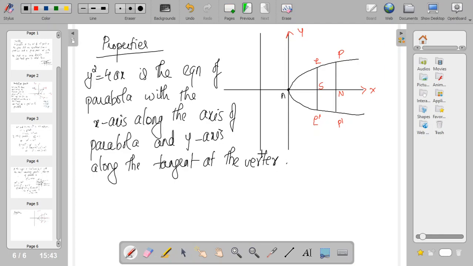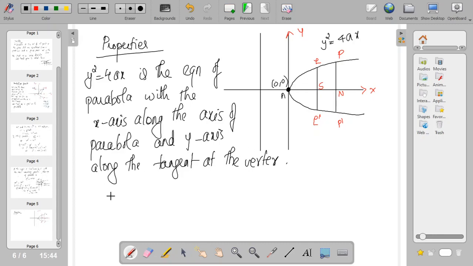So when you take the parabola y square equal to 4ax, this is the figure for the parabola y square equal to 4ax. So you can take it as the point origin. So it is centered about the origin, the vertex in the origin, and x-axis will be the axis of this parabola and y-axis will be a tangent to this parabola. So y-axis is along the tangent to the parabola at the vertex.